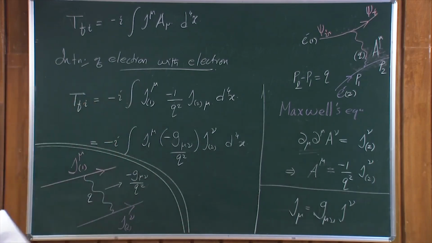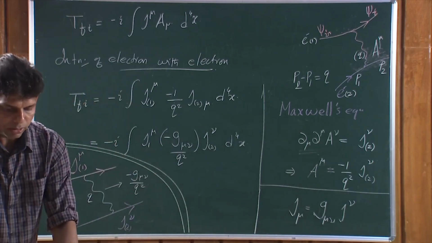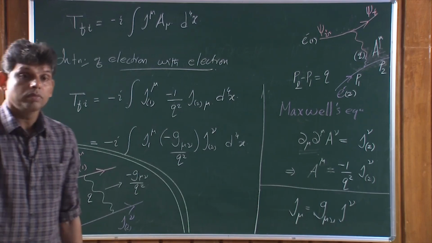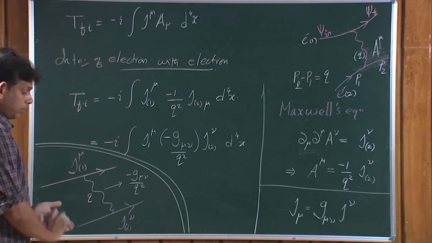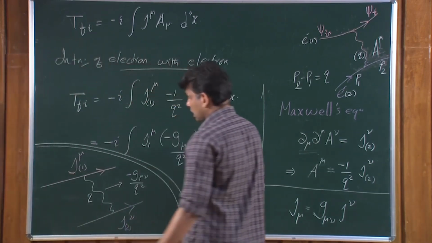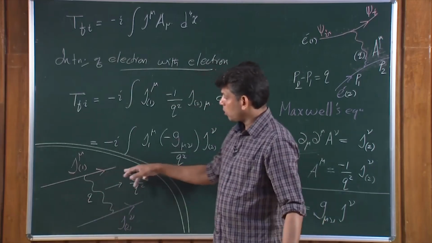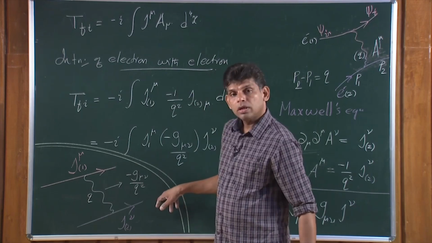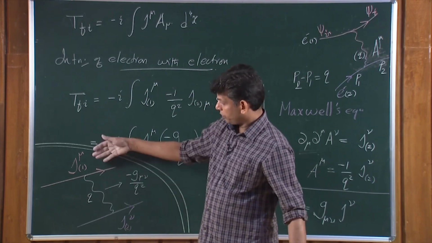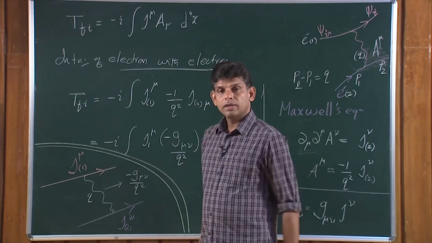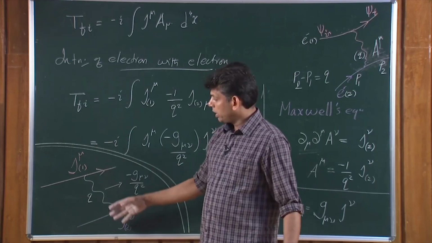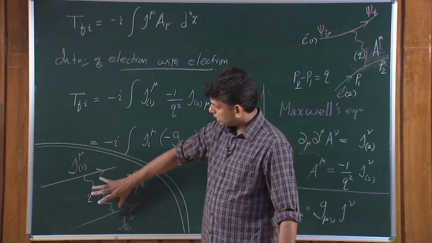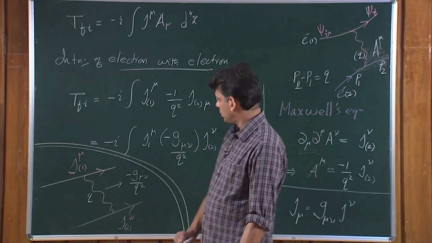So, let us focus on that for a minute and then we will conclude today. Essentially we have one electron, another electron, but since they have the electromagnetic field with them, they interact with each other through that, and that interaction as such is given by this.